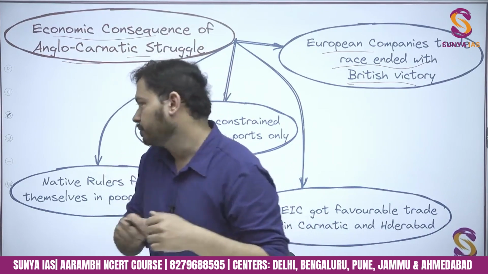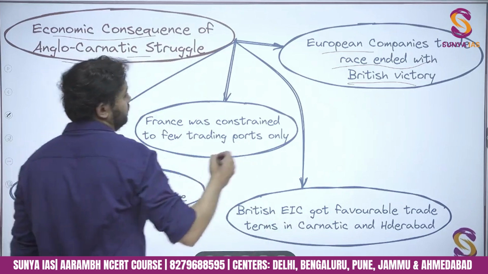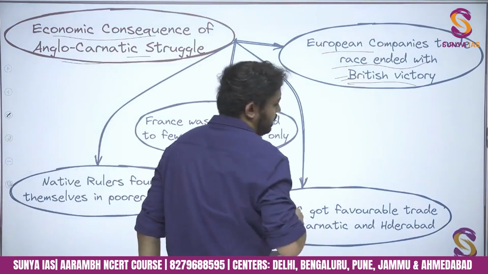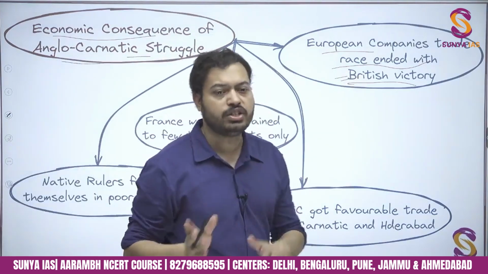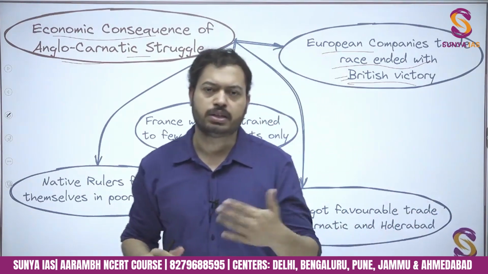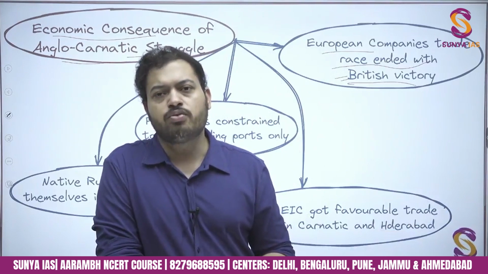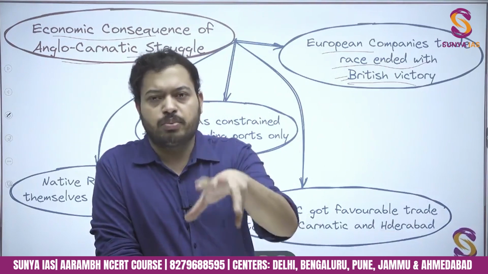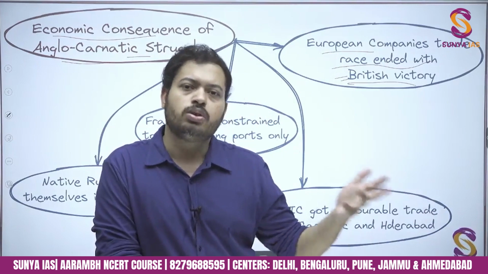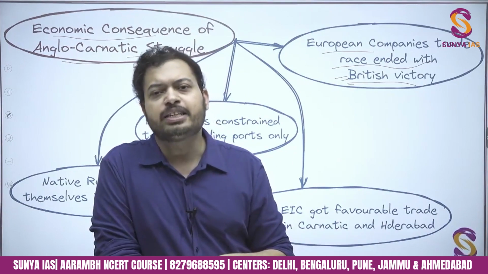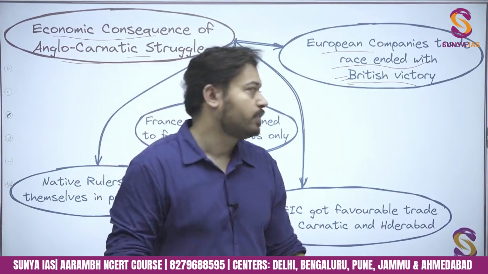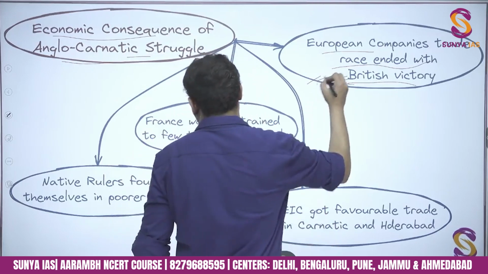Now you will see that that ended with the French officially out of the race with the terms of the Treaty of Paris. The British were now free to increase their political influence and so get better deals in terms of trade also. Okay, so this is done.